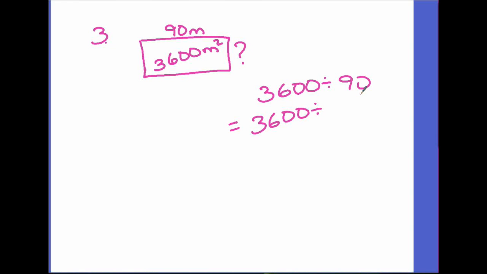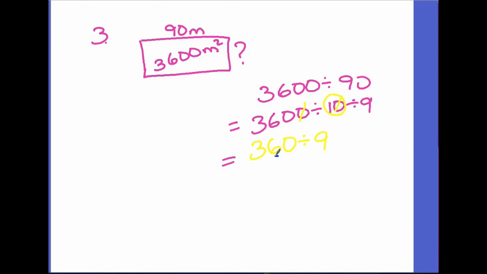If we did 9 times 10, now we're going to divide. Remember? If I divide, I want to divide by this number first. So I do divide by 10. There's a 0, and I'm left with 360 divided by 9.